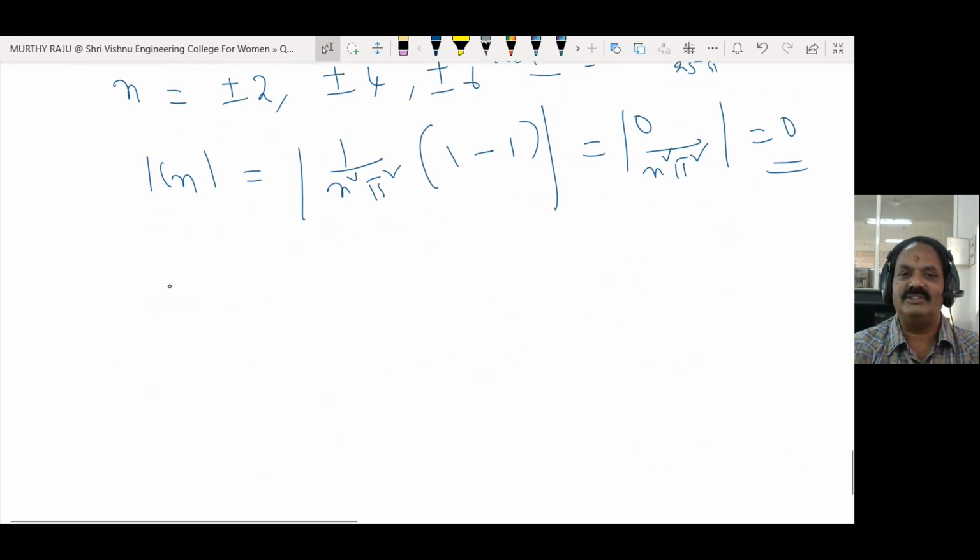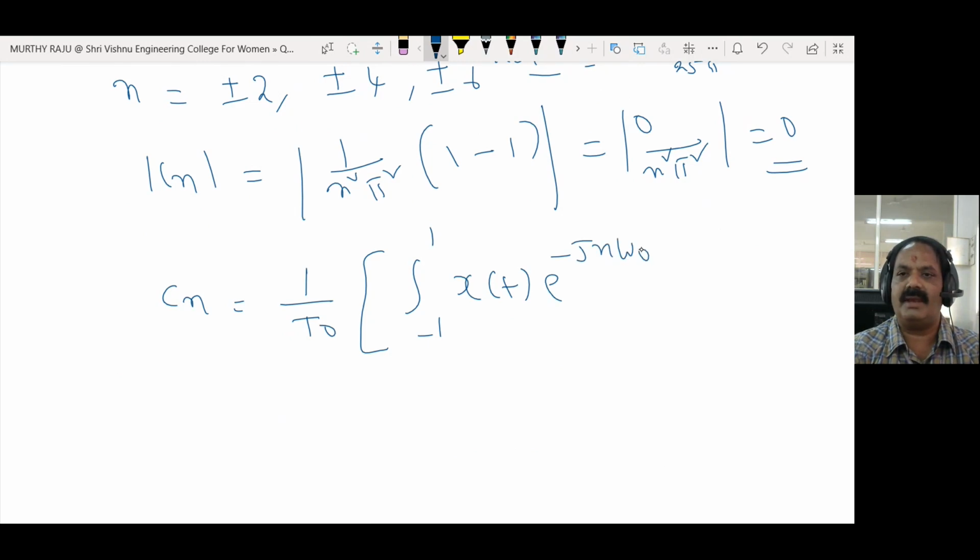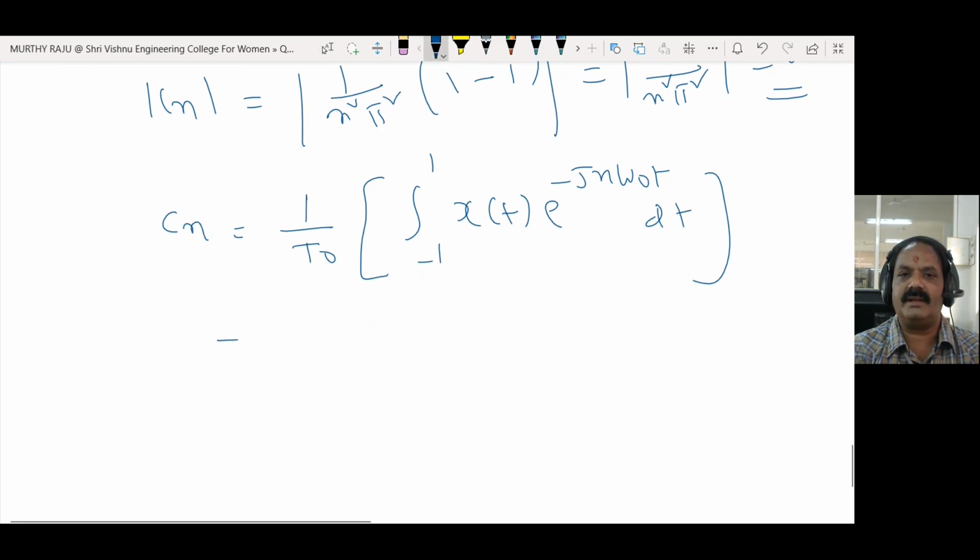Find out C0. Cn is equal to, we know that, 1 by T0 integral over minus T0 by 2 to T0 by 2 of x of t e power minus j n omega naught t dt. We know that T0 is 1 by 2.